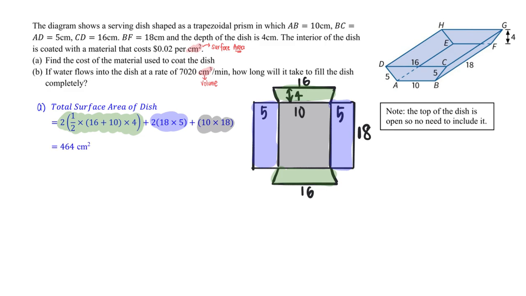Then I will be able to get the area of the interior, 464 cm square, and I will then be able to find the cost of the material. 1 cm square is 2 cents, so 464 cm square, I multiply by 0.02, giving $9.28.